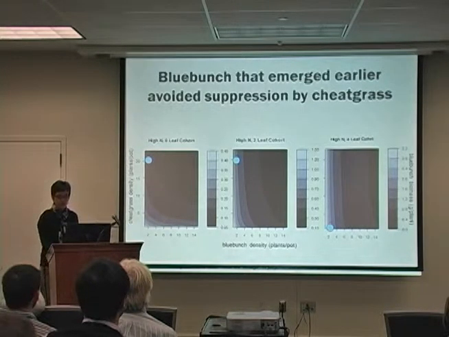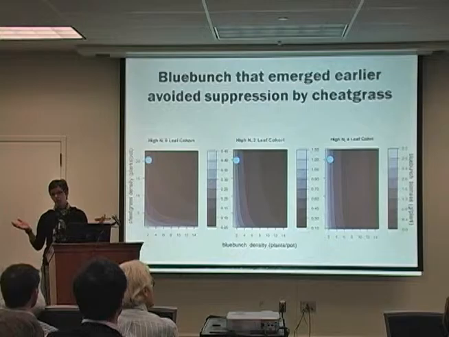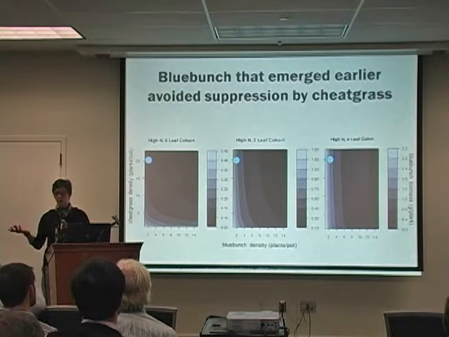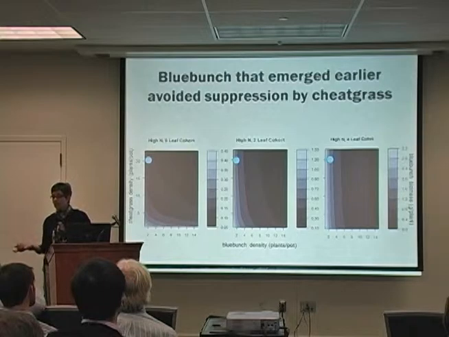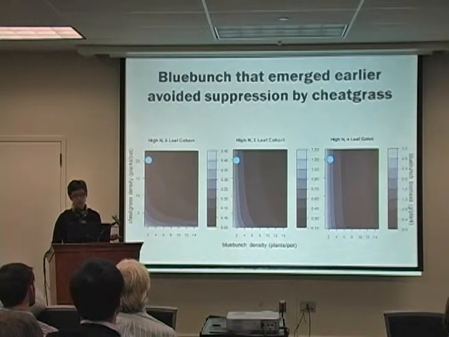When we got to the 4-leaf cohort, we pretty much stay at the same size bluebunch, even when we go from no cheatgrass up to 20 cheatgrass per pot. Bluebunch didn't care. If it's already 4-leaf, it doesn't care if cheatgrass is there doing its thing.